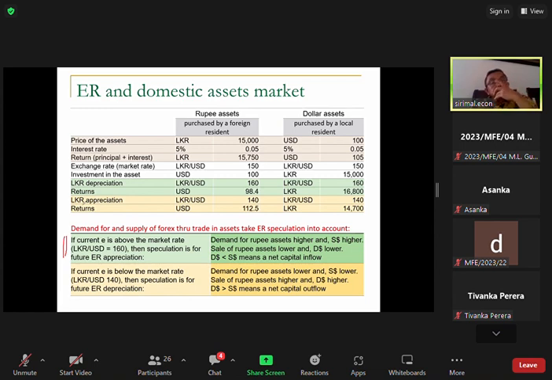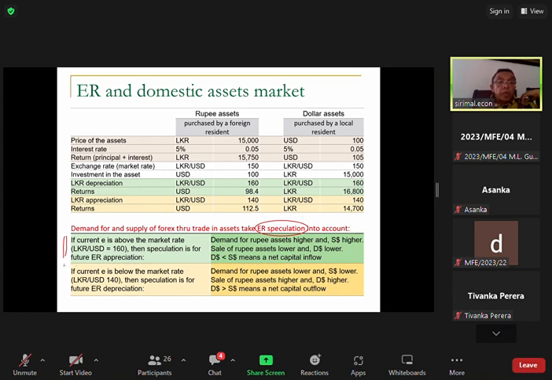Because the demand for and supply of foreign exchange through trading assets, unlike in the current account, trading goods and services, in trading assets it is determined by exchange rate speculation, because you are looking at the future market during the maturity period.